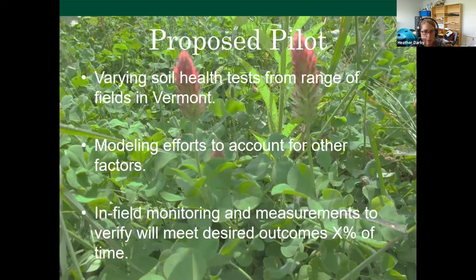So I would propose that we start by selecting fields with varying soil health test results, okay? So this would be from a range of operations throughout the state of Vermont: locations, soil types, slopes, production systems. And then we use in-field monitoring and measurements to verify what we're achieving by using the soil health test results as our primary tool to pay for PES.